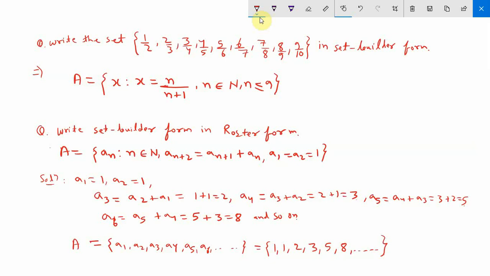So in this way, we can write roster form in set builder form and set builder form in roster form. Okay friends, next we will discuss types of sets.